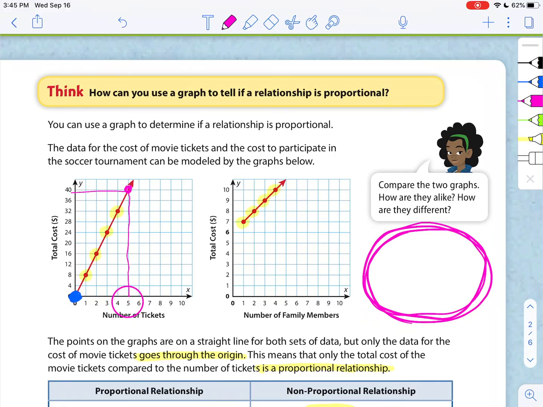So if we have enough data points, and for this one we did, we could connect those points to make a straight line that continues and use that straight line to make our prediction for 5 tickets. It would be $40. So that's 2 ways you could use the graph to help you determine how much 5 movie tickets would cost.